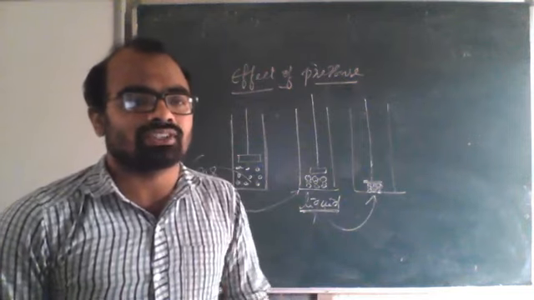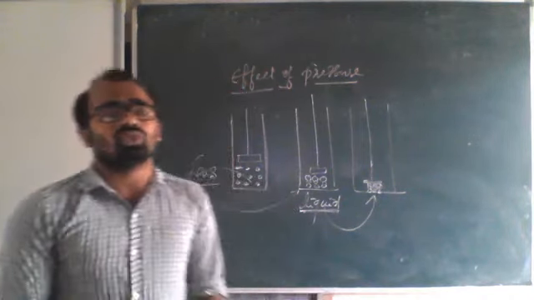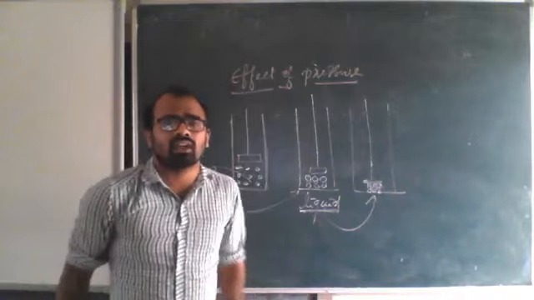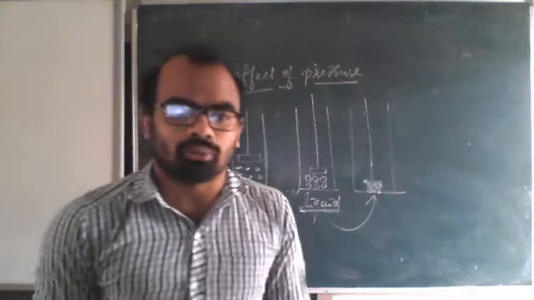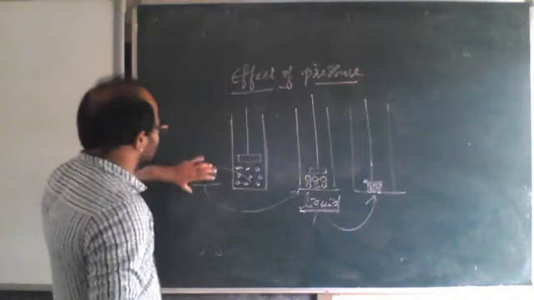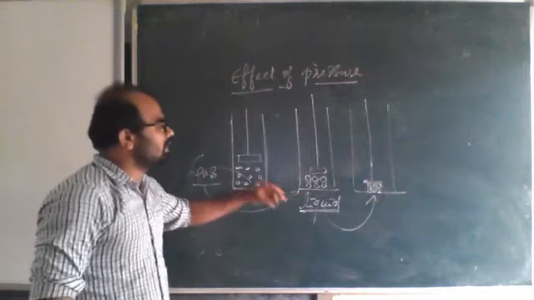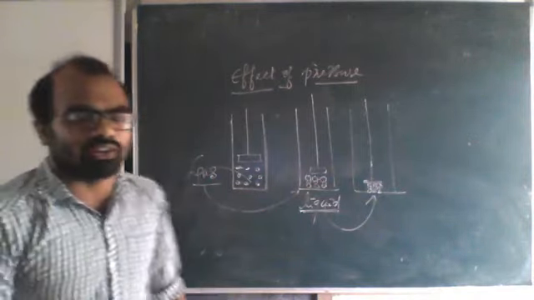In liquid state it is moderate or medium. When it comes to solid state, it is compact. So this is how the effect of pressure happens. If you increase the pressure, gas will convert to liquid, liquid will convert to solid.